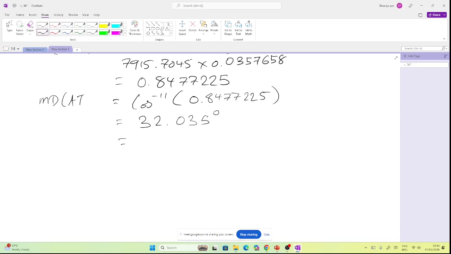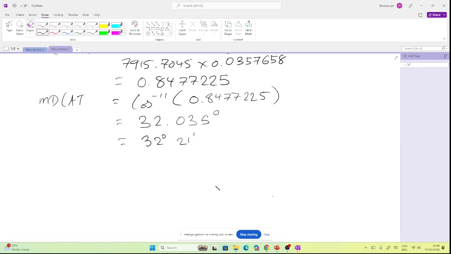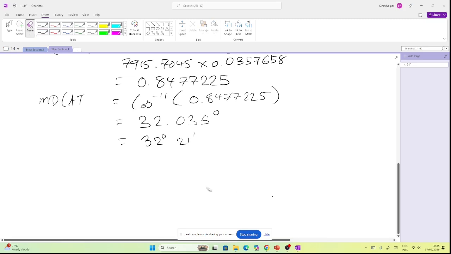Once you convert into degrees and minutes, you have 0.35. So the answer is 32 degrees 21 minutes. Can you all see that?